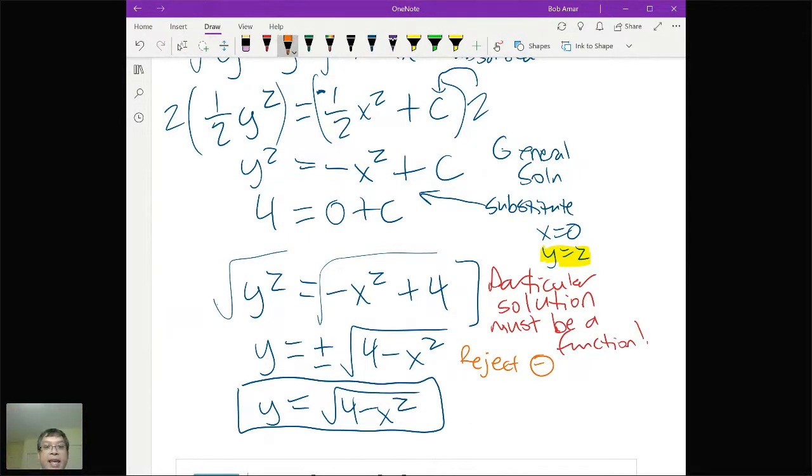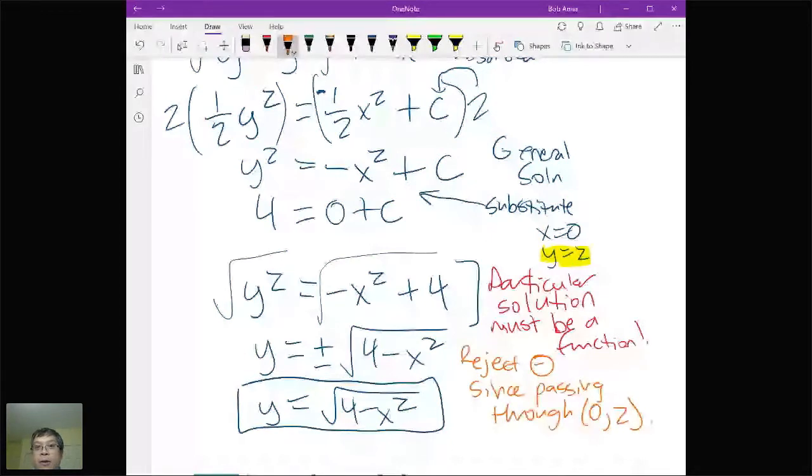And again, we reject the negative since we're passing through 0, 2. We can't also pass through 0, negative 2, because then it would violate the vertical line test. Right? You can't have a solution that passes through both 0, 2 and 0, negative 2. Right? This can't happen. And in fact, if you graph this equation, y squared equals negative x squared plus 4, you might remember from pre-cal that what you end up with is a circle.